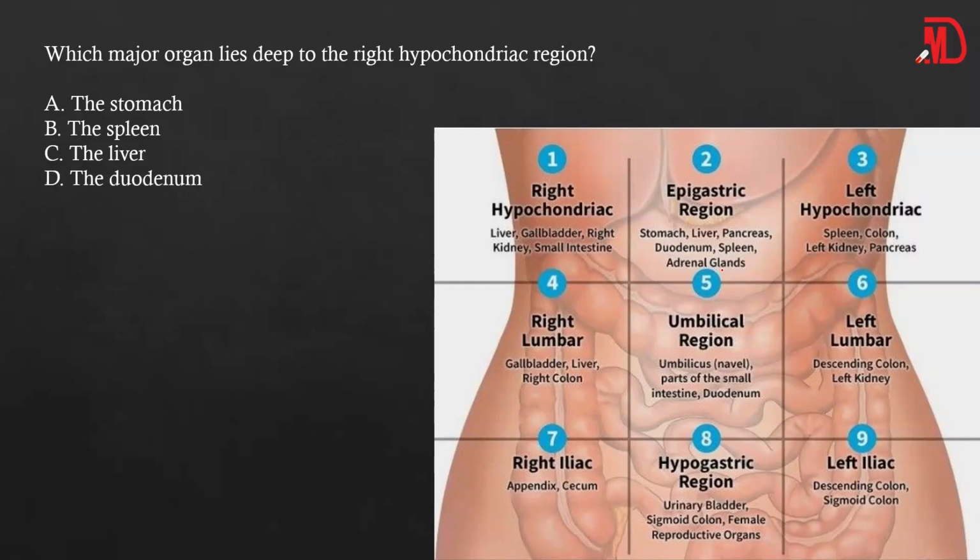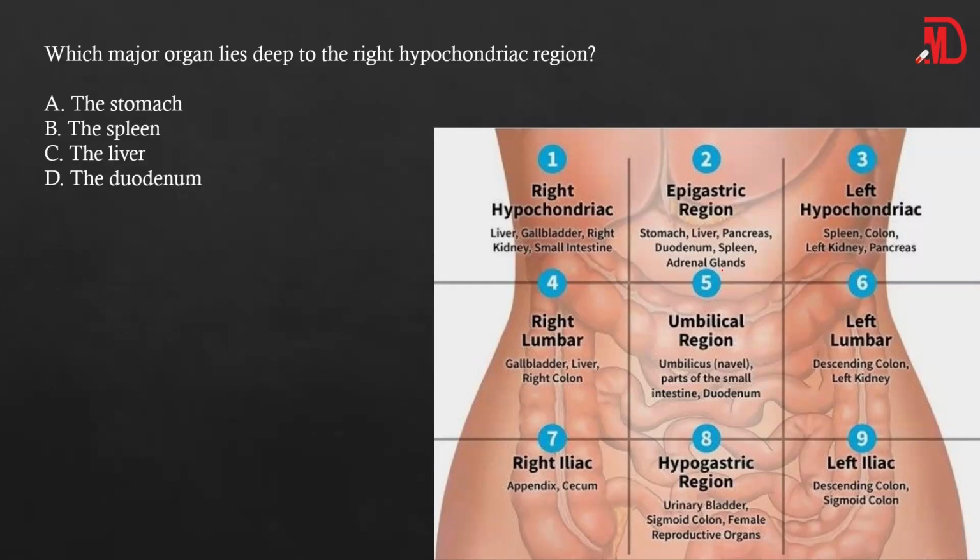Now, the stomach lies more centrally and to the left, mainly in the epigastric region, and of course, parts even move to the left hypochondriac region. The spleen is located in the left hypochondriac region.